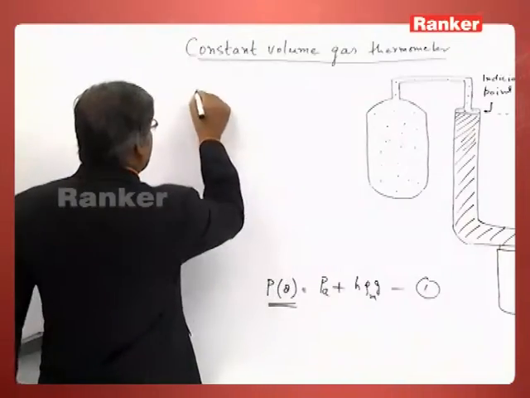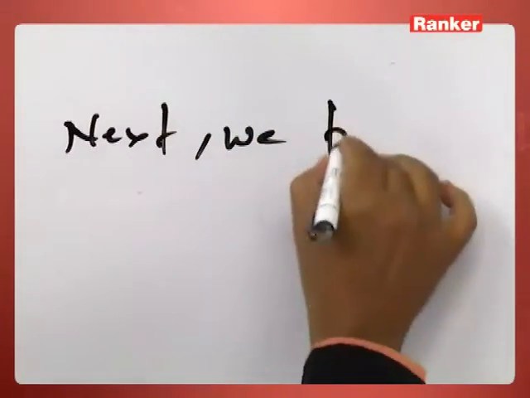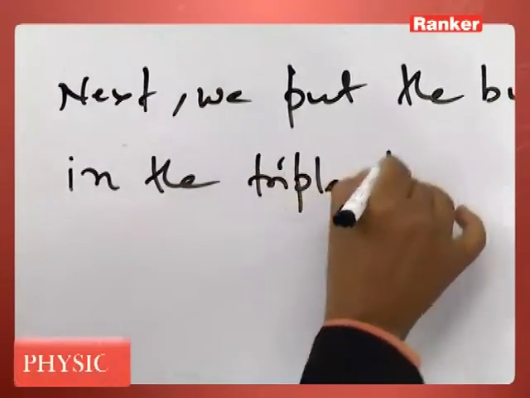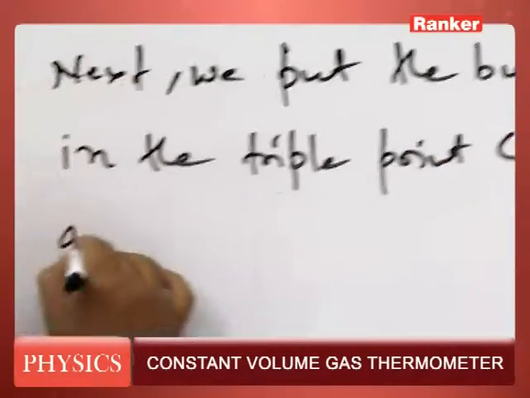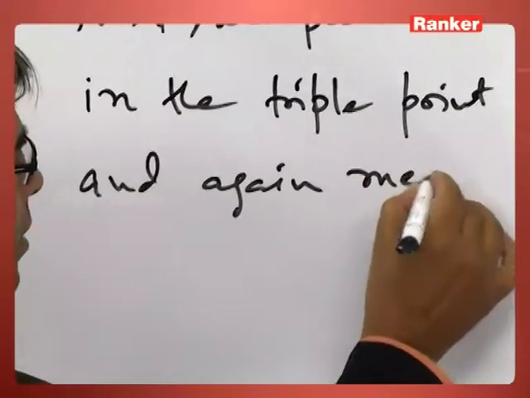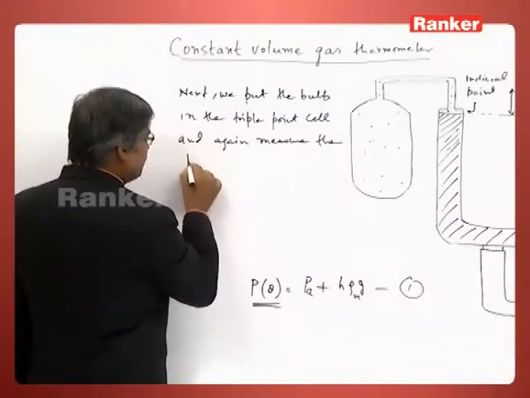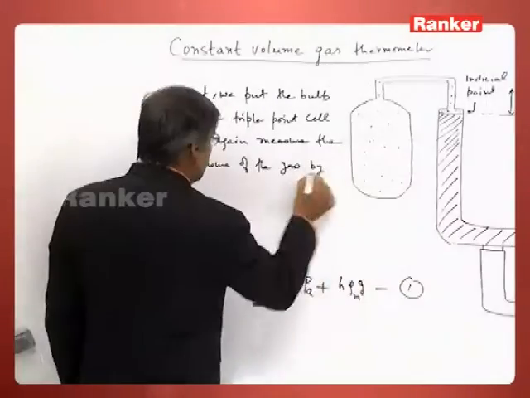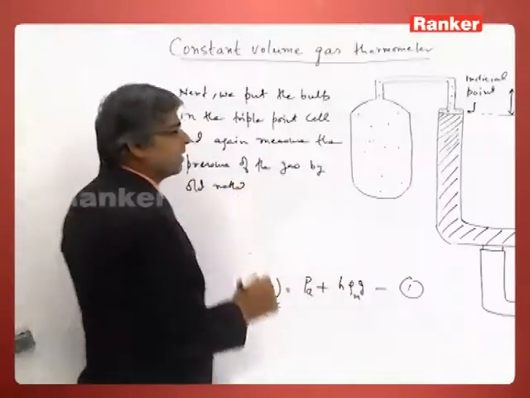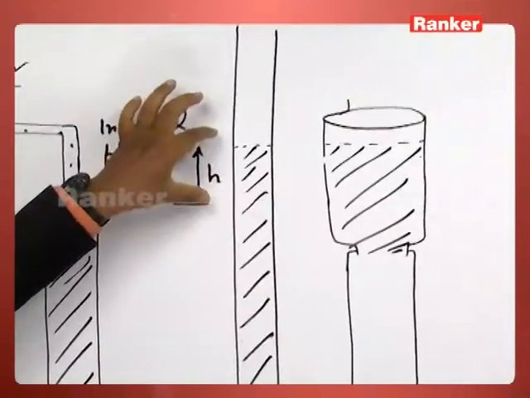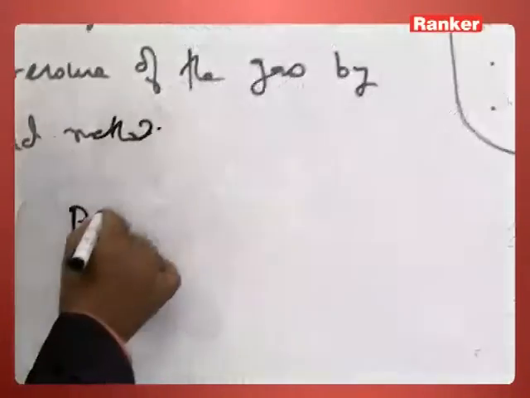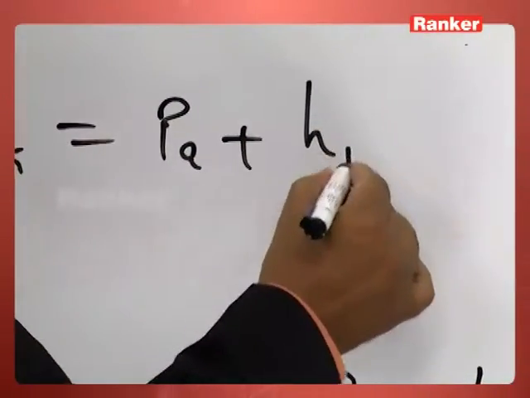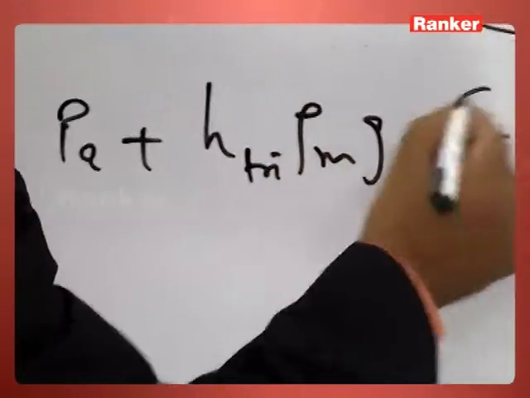So now next we put the bulb in the triple point cell and again measure the pressure of the gas by the old method, that is by changing this reservoir we see what is the excess pressure, and so suppose this time pressure at triple point is equal to Pa plus h3 rho mercury g. So this is equation number 2.